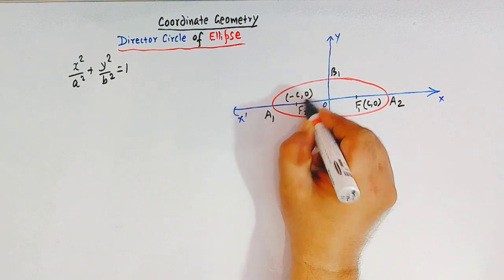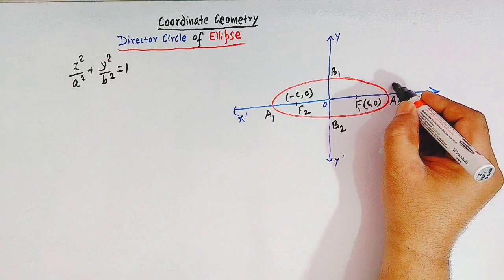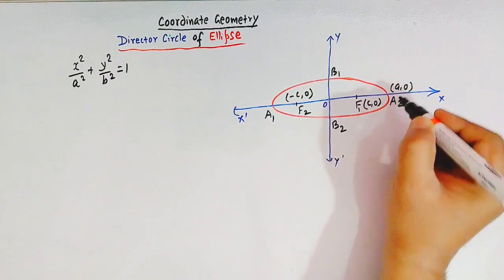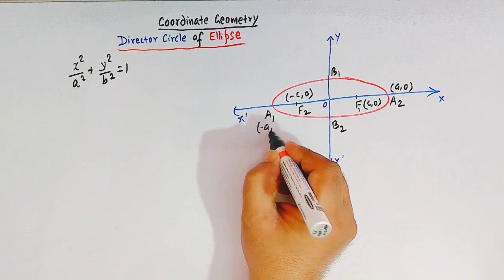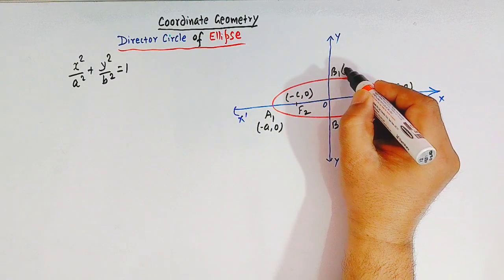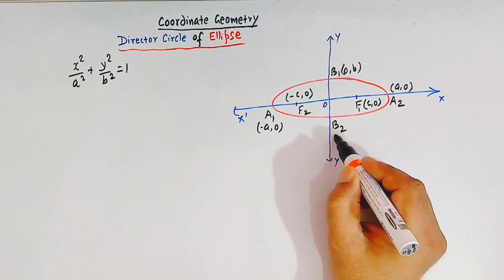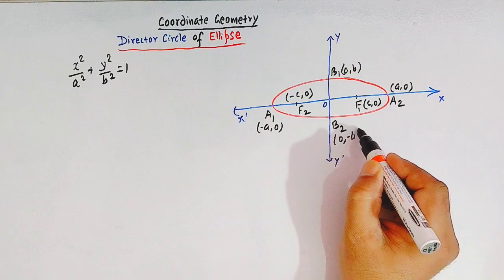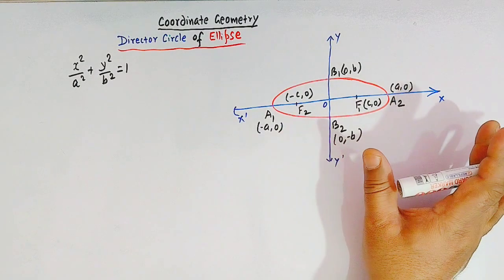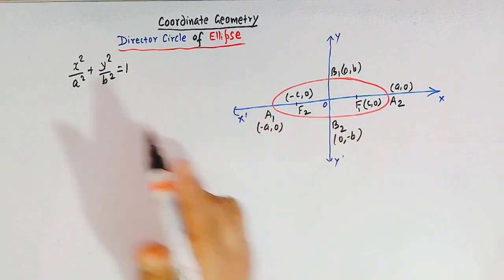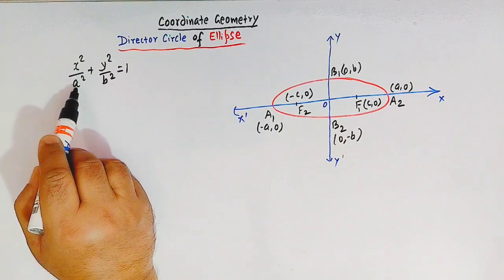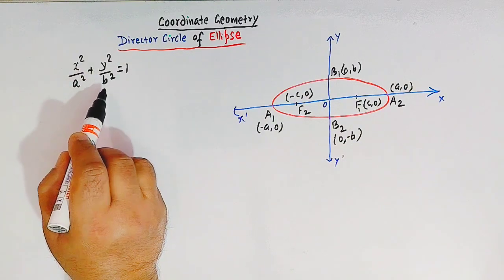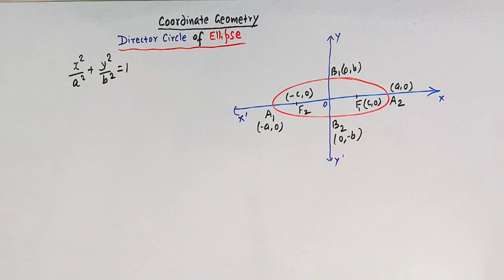Here we have (a, 0) and (minus a, 0), and this is (0, b) and (0, minus b). So this is the situation for the ellipse whose standard equation is x square over a square plus y square over b square is equal to 1.